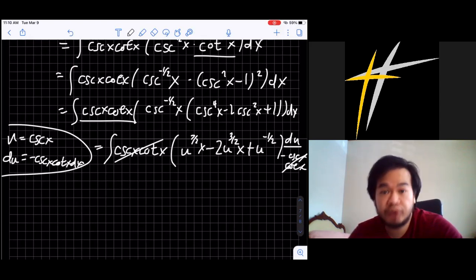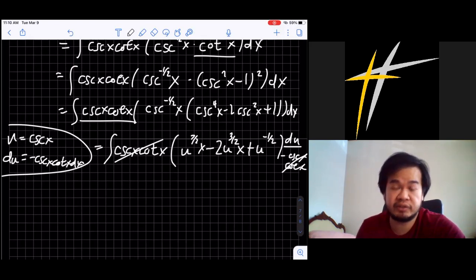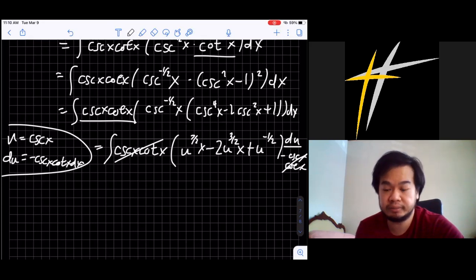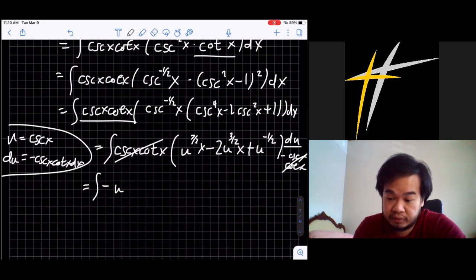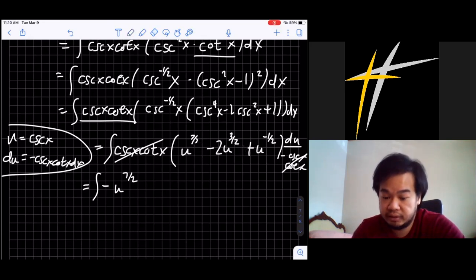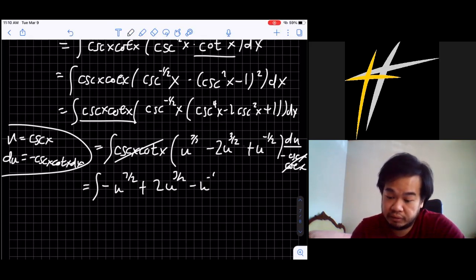Because you're going to transform the integrand into terms of cosecant x, and the derivative of cosecant x is cosecant x cotangent x. Yeah, so it's equal to negative integral of u power of 7 over 2. I'm sorry, there is no x. There's not supposed to be x here. Plus 2u power of 3 over 2 minus u power of negative half du.